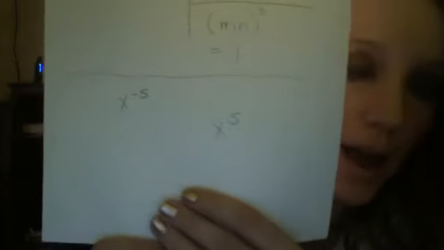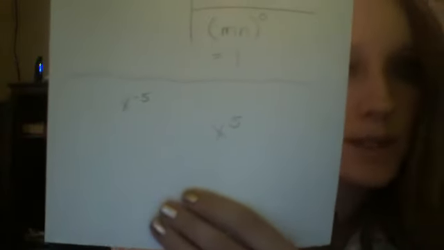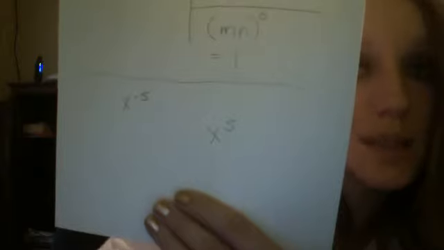And then, if you have x to the negative 5, you want to first of all remember that it is not a negative answer, but it's really x to the 5th power. It's telling you you have an exponent of 5, but what the negative is telling you is that you're over in the decimal area.